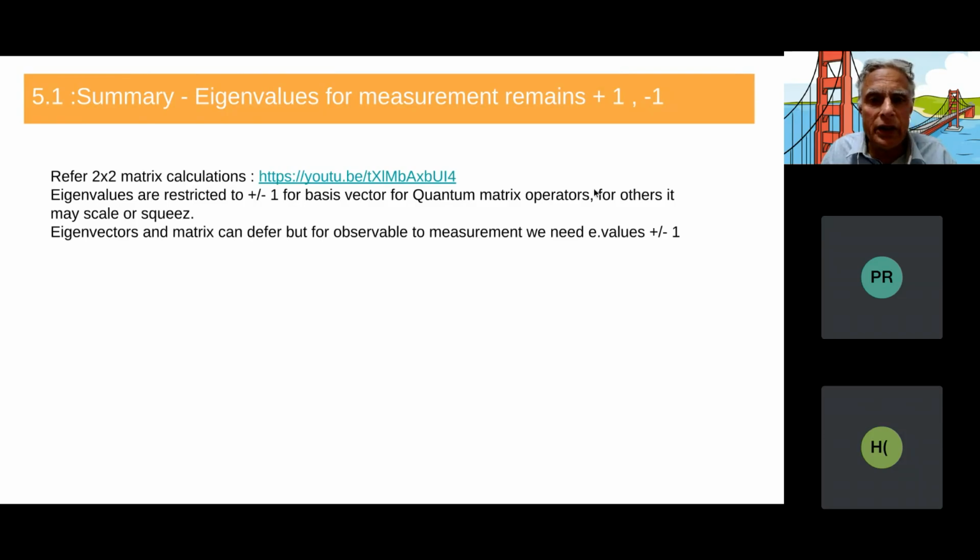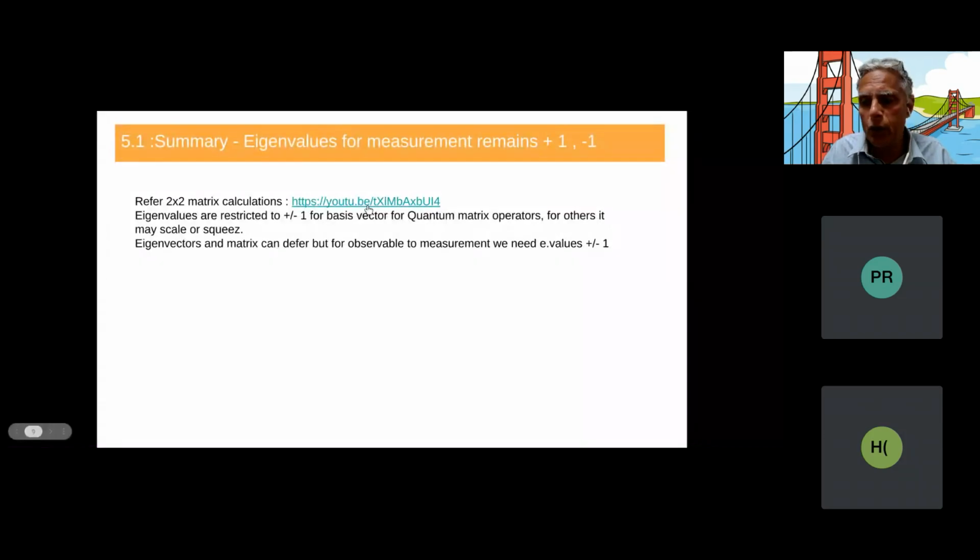I can show you the calculations in the presentation I have shared, so that you are able to calculate eigenvalues. In matrix calculation, eigenvalues can be any number, but for quantum purposes we are restricting them to plus or minus 1.